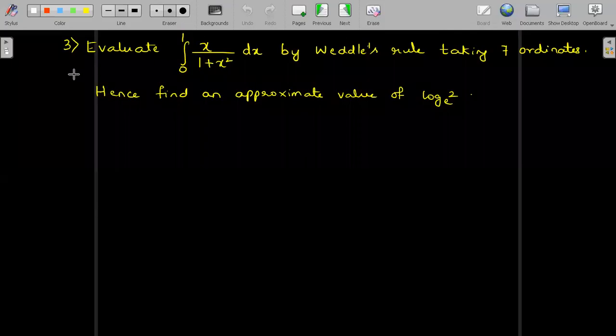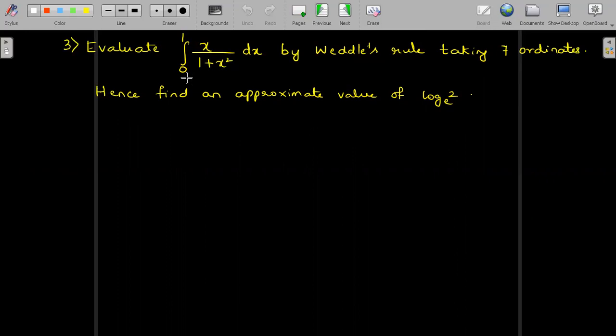Let us see the third problem now. Evaluate integral 0 to 1 x divided by 1 plus x square dx by Weddle's rule, taking 7 ordinates. Hence find an approximate value of log 2 to the base e. So the third problem is an application of Weddle's rule. Here the function is x divided by 1 plus x square.